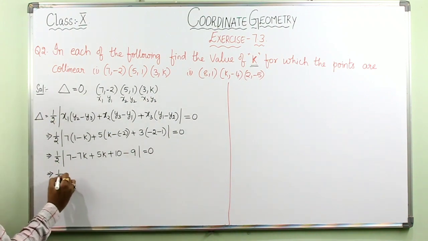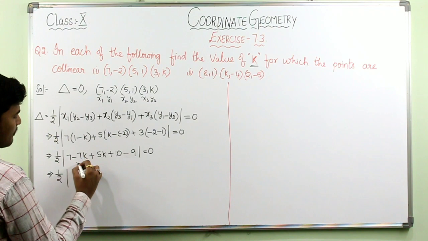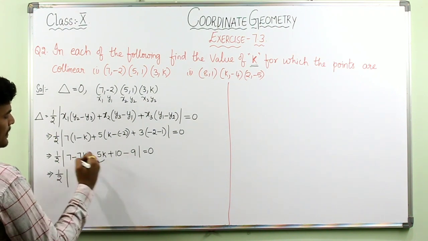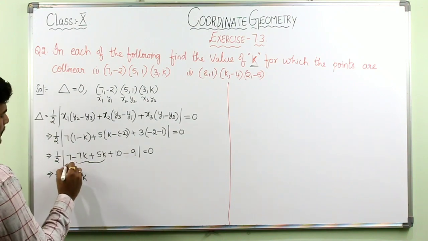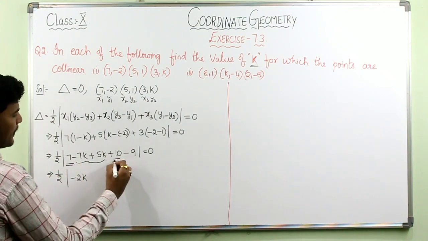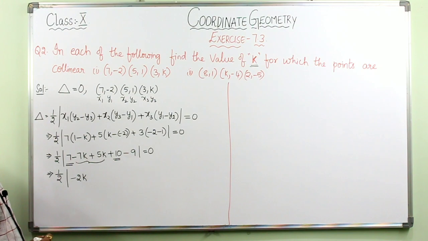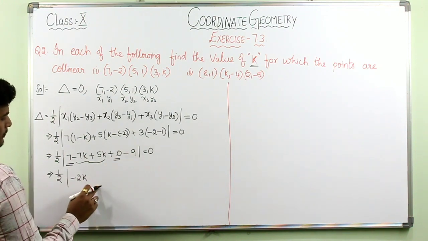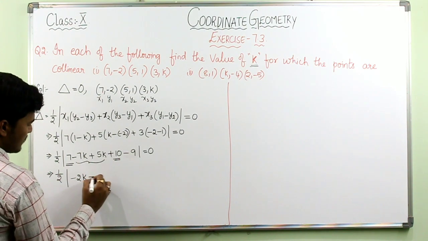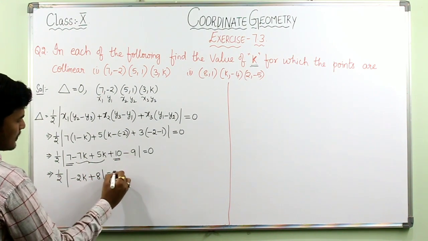This implies 1 by 2 times of minus 7k plus 5k will give you minus 2k. Next, plus 7 plus 10 will become 17, and 17 minus 9 will give you plus 8, equal to 0.